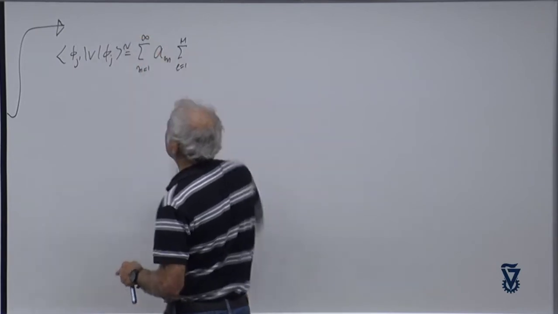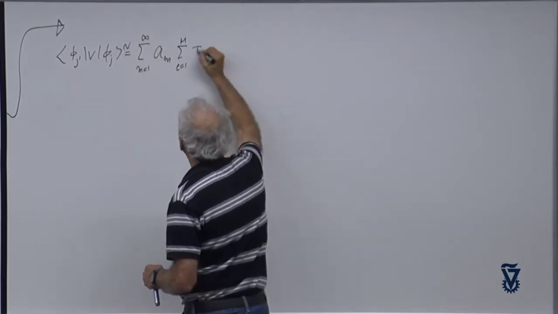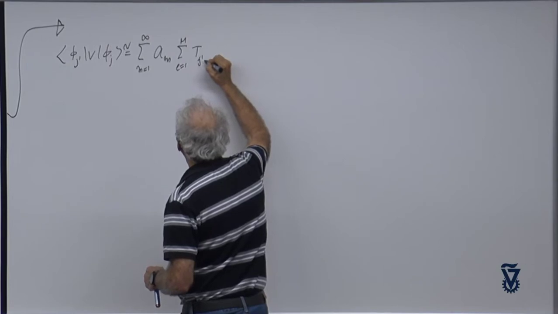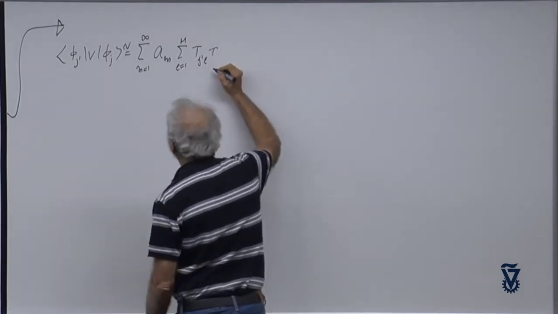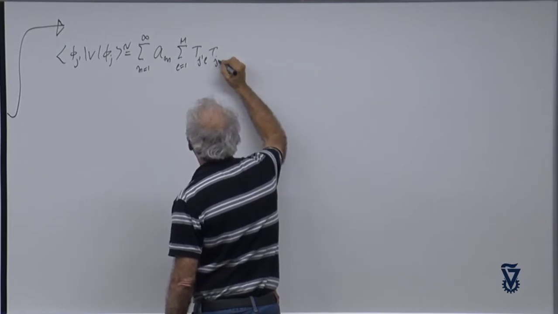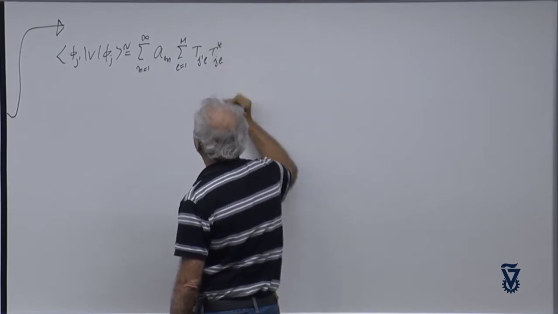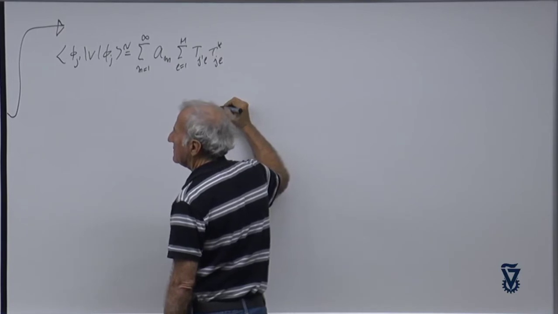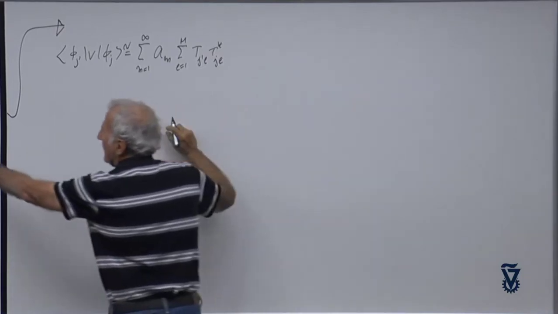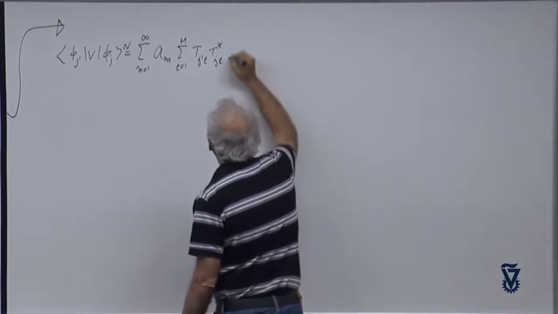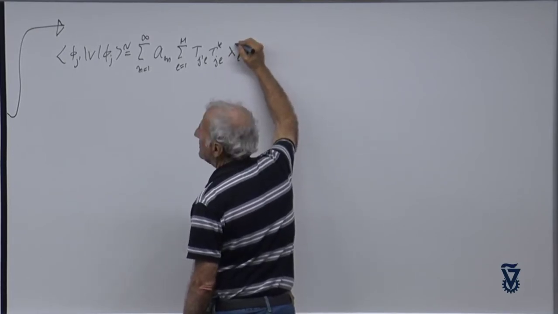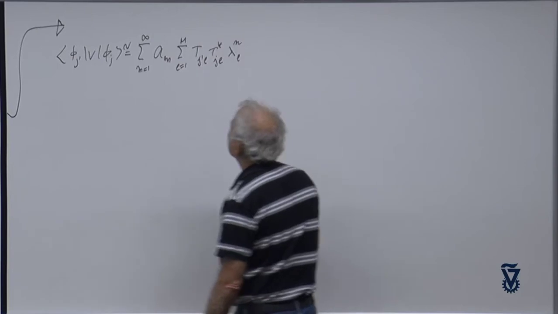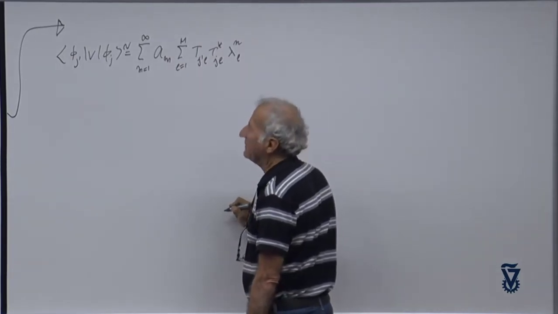It's T_j'L, and we need to take the transpose, so it comes to be T_jL complex conjugate. And here, it's λ_L to the power of m. This is what we got.